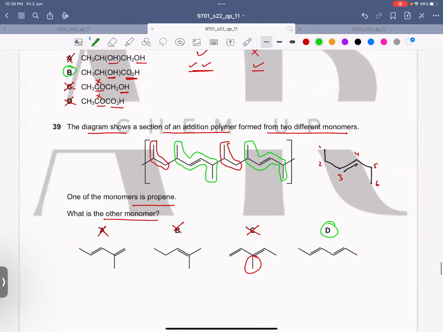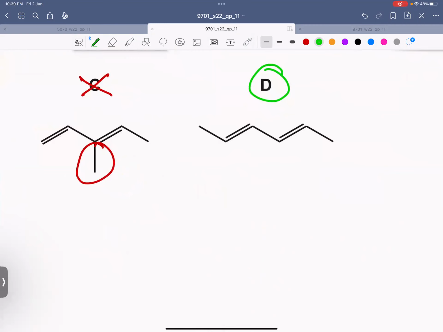It is because of C. What would happen over here? For example, here you have one propene, and here you have another propene. When this double bond is broken down, and the double bond from here, this carbon is going to bond over here. In a similar way, when this double bond is broken down, this carbon bonds with this one, and this bonds with the other monomer.